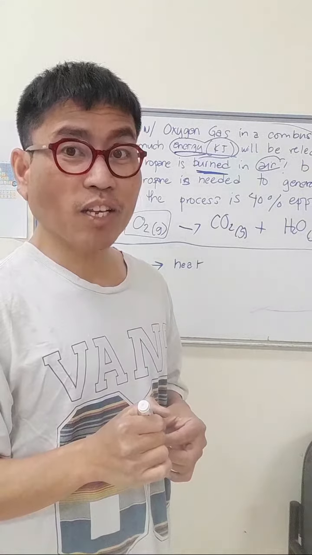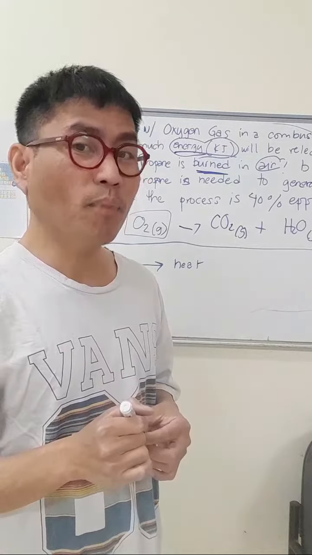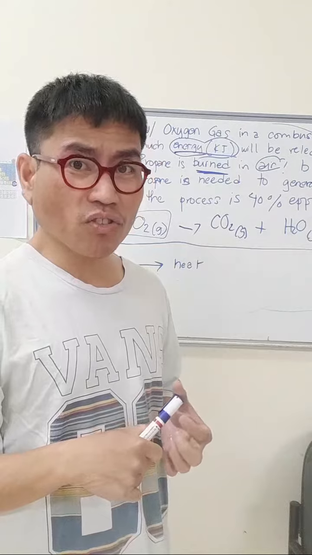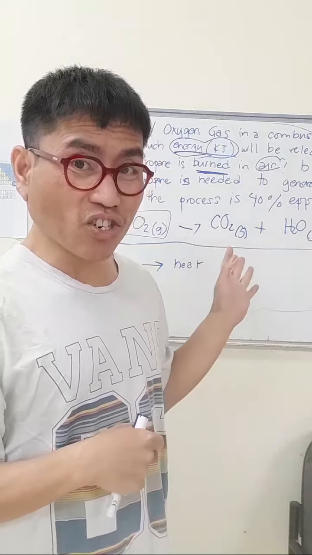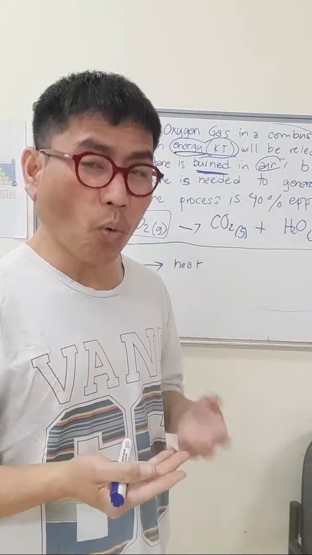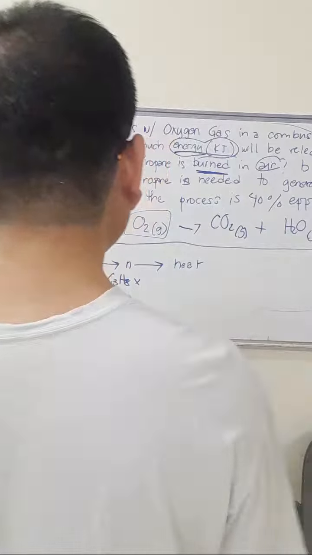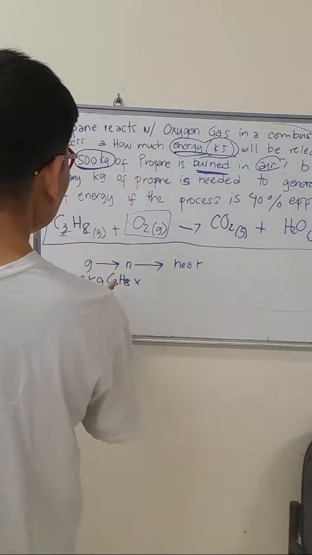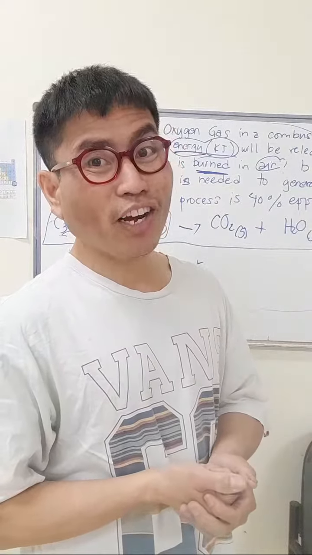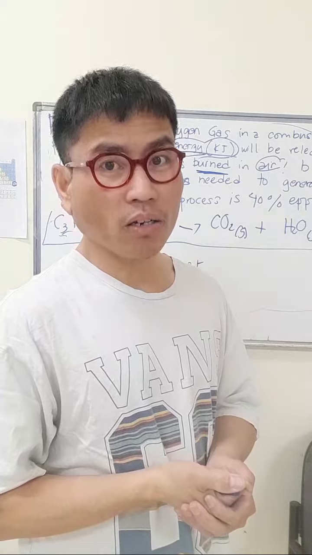Since you are starting with the mass, what comes to our brain cells automatically are the molar masses and the molecular weight. Basta stoichiometric chemical calculations that involve chemical reaction, molar mass and molecular mass play an important role to compute what is being required. Get the point? So since that is kilogram, then we need to convert that to grams because the unit of the molecular weight or the molar mass are in terms of grams per mole.